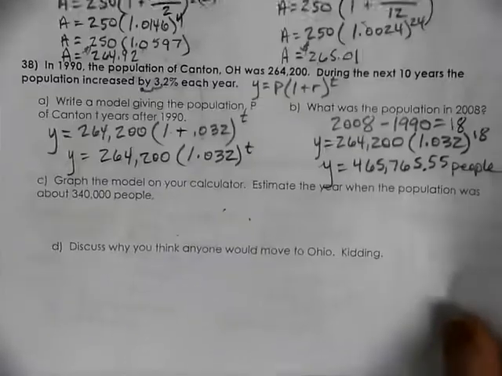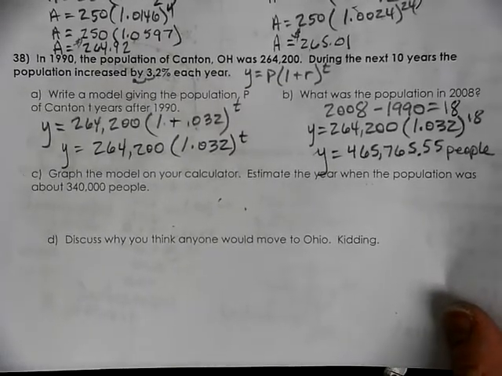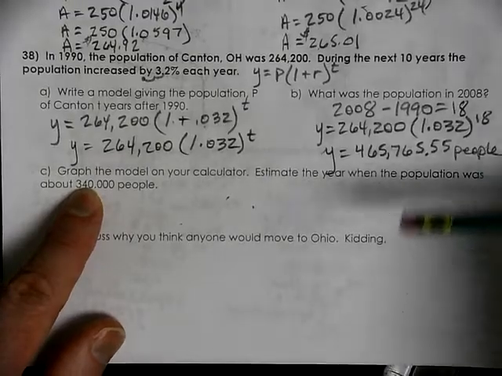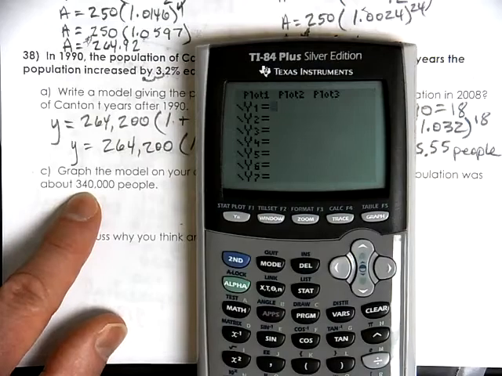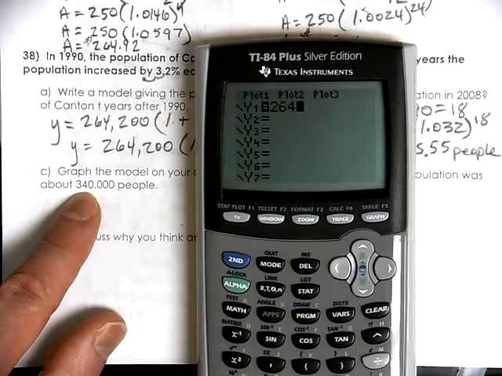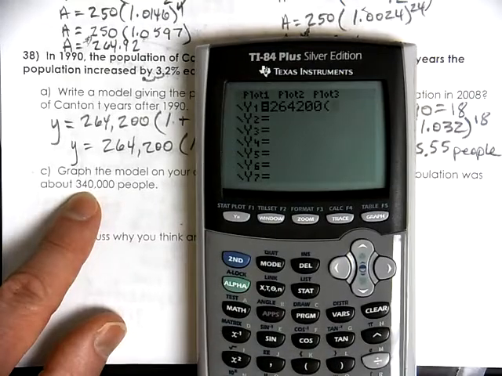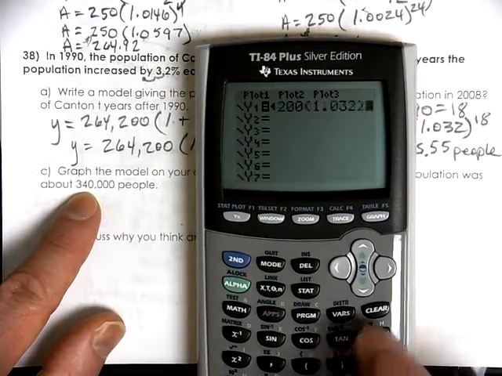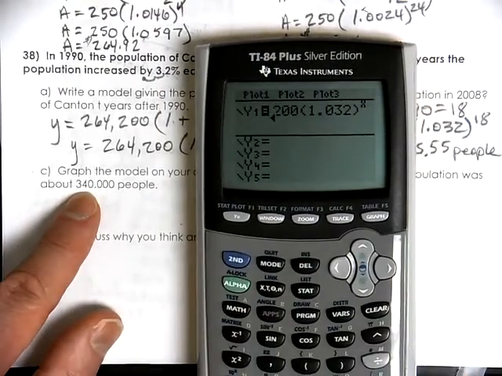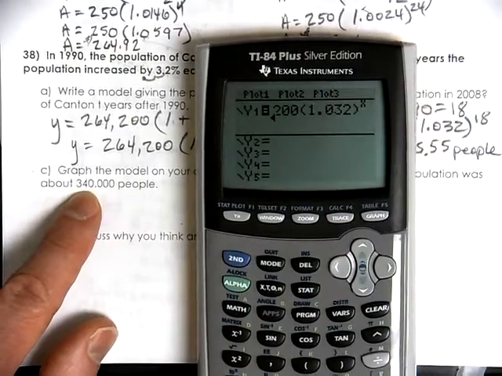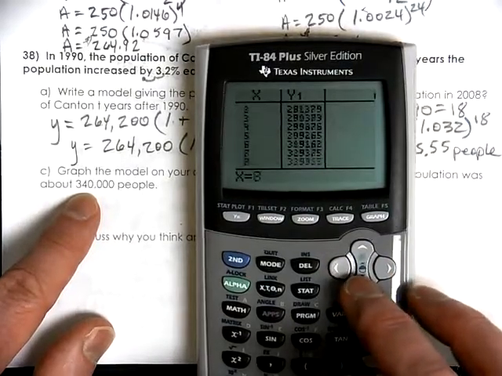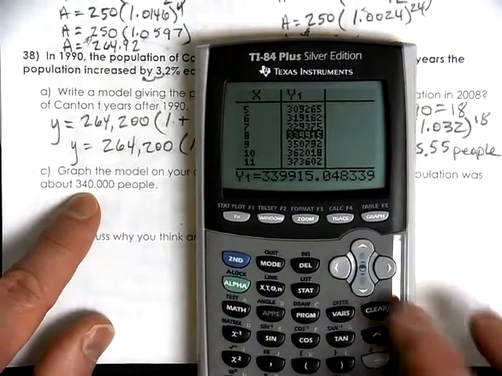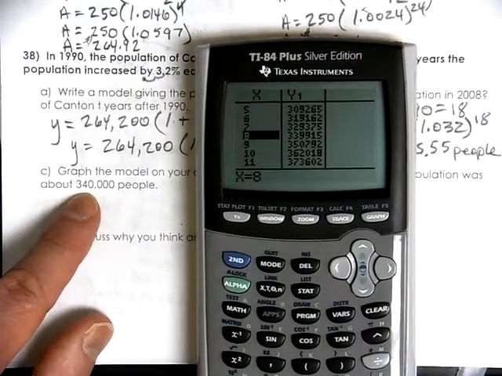All right, we're going to graph this on our calculator and estimate the year the population was this value. Well, we go to y equals. We have our equation of 264,200 times 1.032 raised to the x. Now we want to get close to 340,000. We can use our table, and we see that 340,000 was somewhere close to 8.